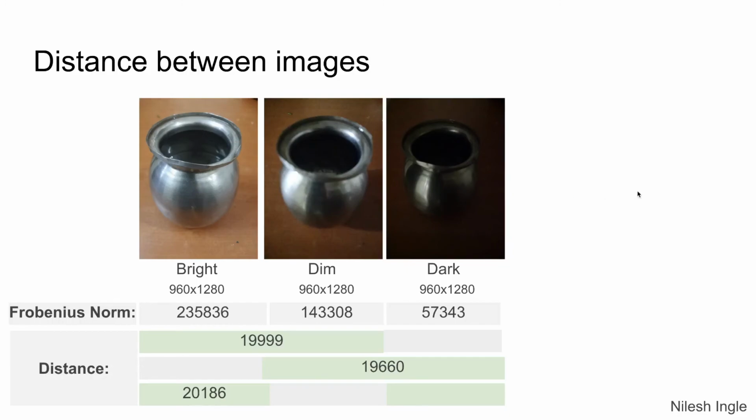But here the idea was just to show you, if lighting conditions are changed, can we convert images to vectors, and then see how far a brighter image is from the darkest image or a darker image.